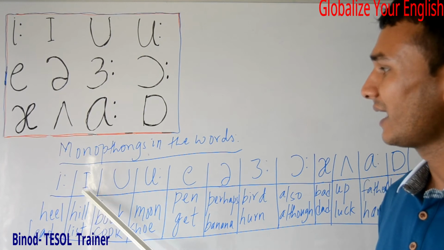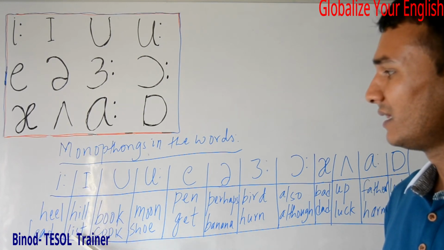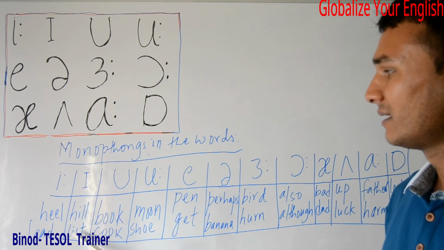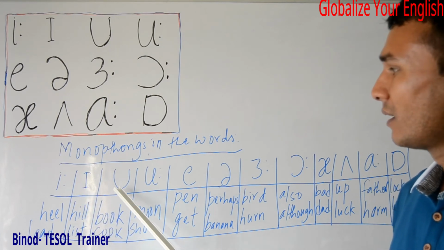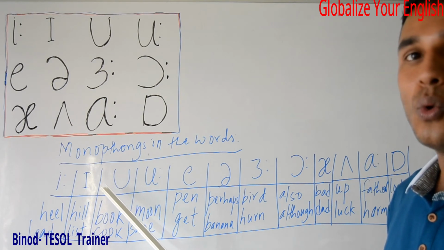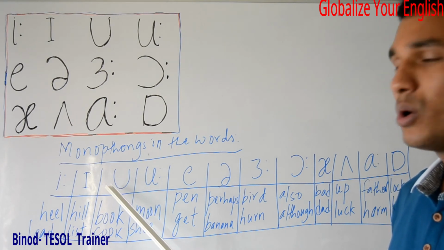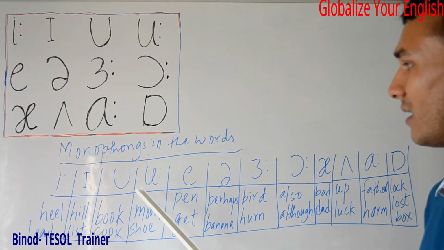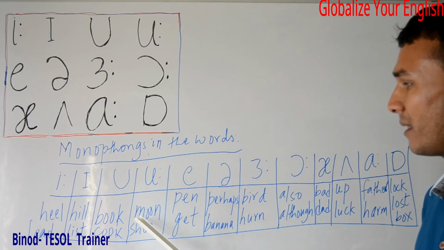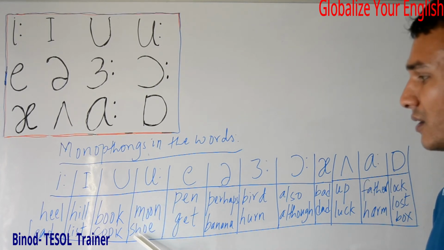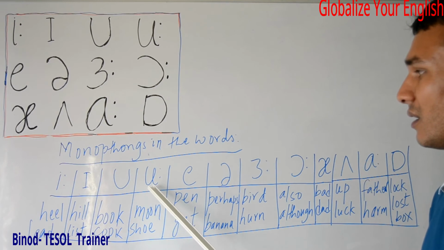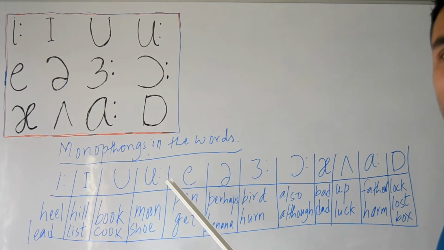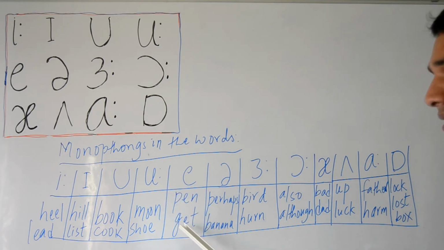E, hill, list. U, book, cook. Moon, shoe. Pen, get.